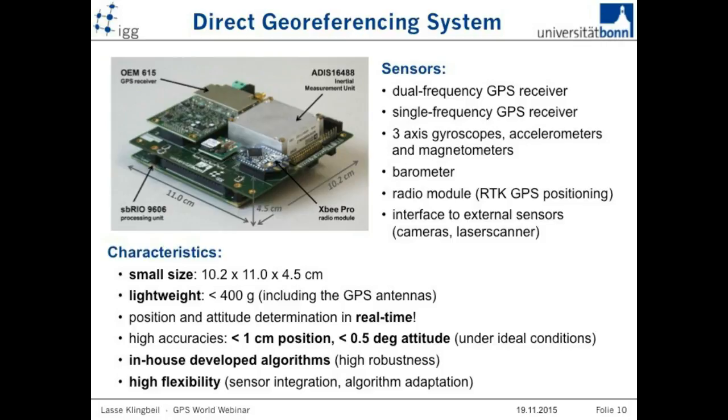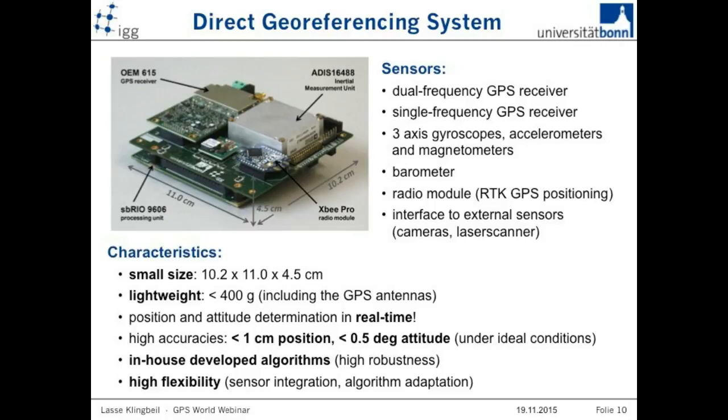We have the usual 3-axis gyroscopes, accelerometers, magnetometers, a barometer, and a radio module, which is important to get the reference GNSS data from the master station on the ground in real time, and we have the interface to other sensors. And the whole thing is just 10 by 11 by 5 centimeters in size, and the weight is below 400 grams, including the GNSS antennas.